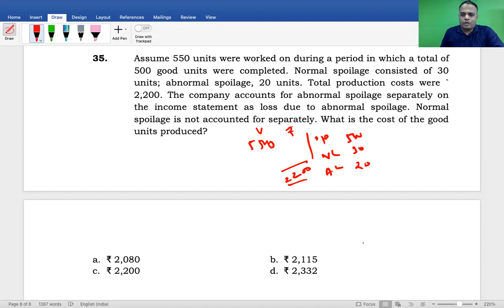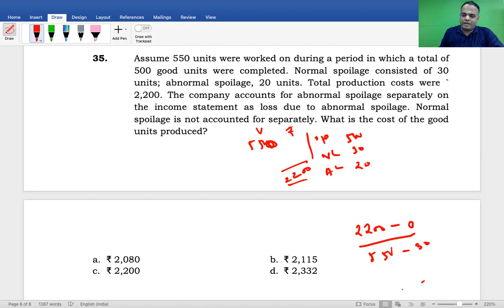How to value? Gross cost is 2,200 minus normal loss salvage, if any; nothing is there, so 0. Divided by input quantity 550 minus normal loss quantity 30.